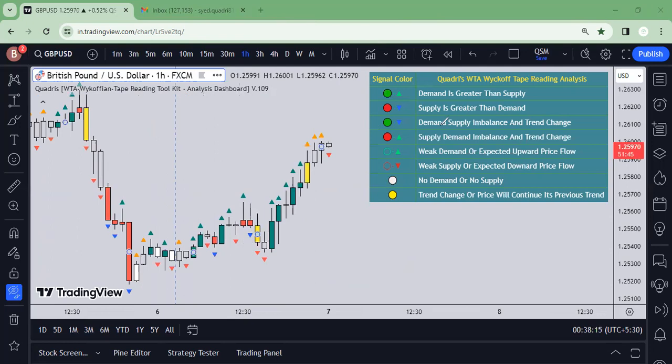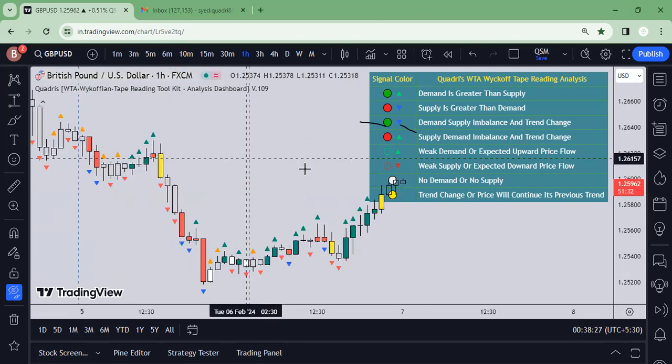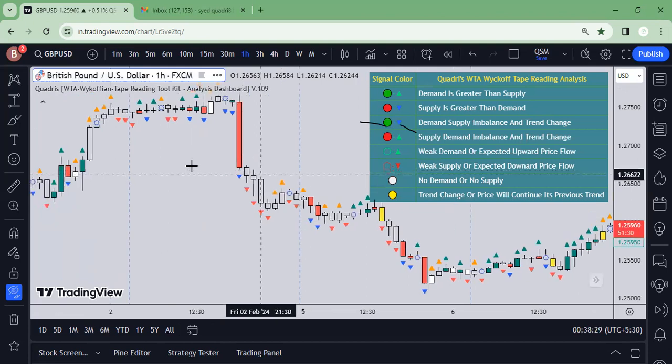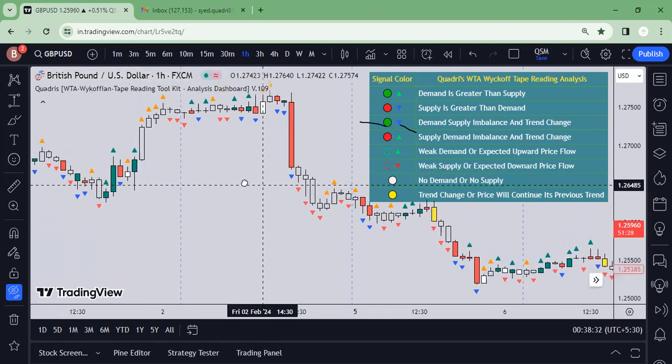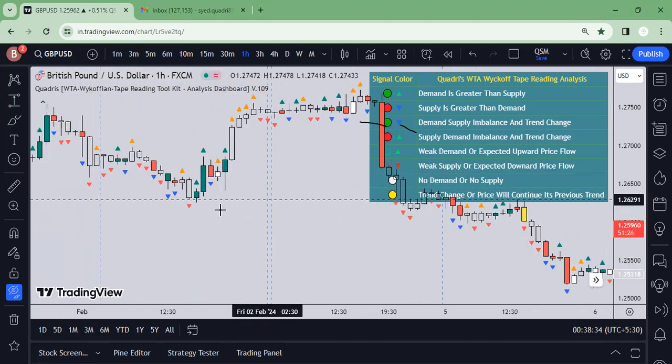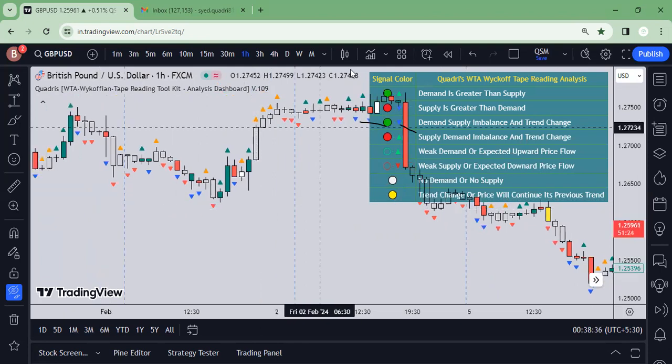Third analysis, a green candle with a blue downward triangle. Let me find an example of this one. Here.